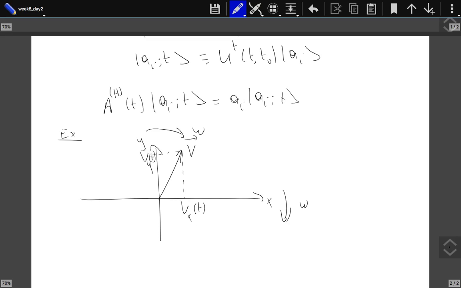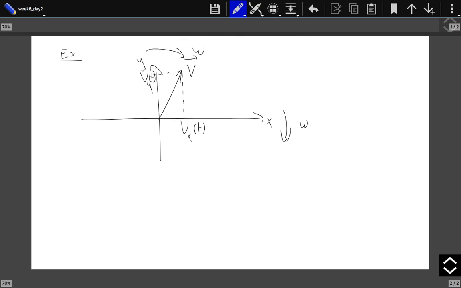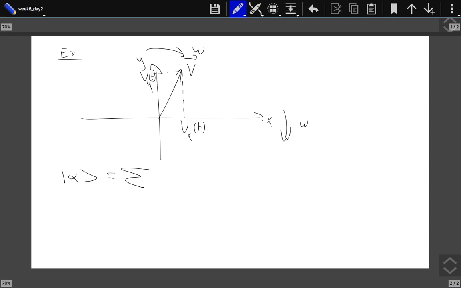Well, let's look at whether the same thing happens in quantum mechanics. Let's say we have an arbitrary initial ket alpha. We had seen that we can write this as the sum over i of Ci times |AI>. Now this Ci is given by <AI|alpha>. This is in the Schrödinger picture.